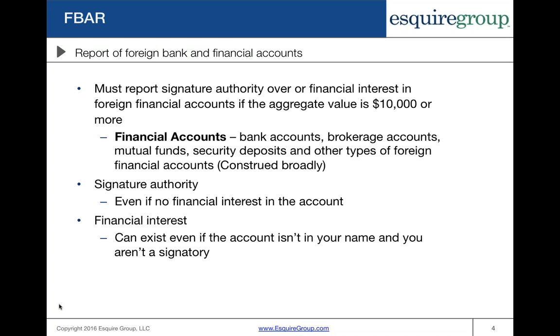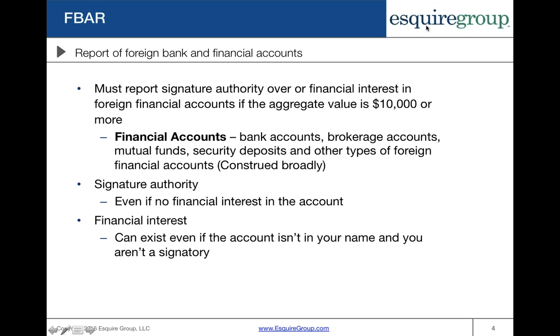Well, you have a financial interest in his bank account because it contains your money. And so you would essentially have to file an FBAR reporting that you have a financial interest of the US dollar equivalent of $20,000 in your friend's German bank account.